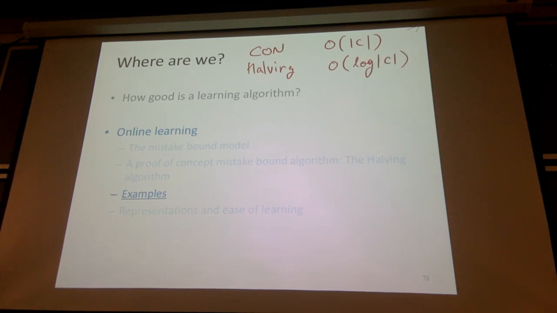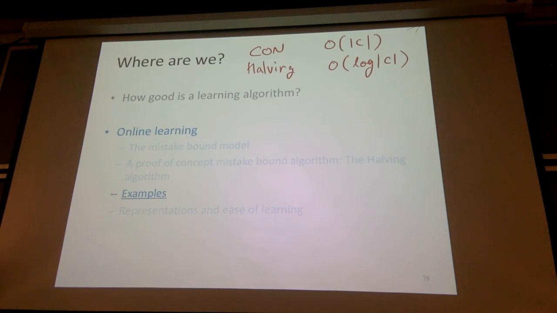Now, this is all worst case. That's really important for you to keep in mind. In practice, maybe halving or Con can make much fewer. In the worst case, it will make this many mistakes. There may be certain concept classes where halving makes way fewer number of mistakes.